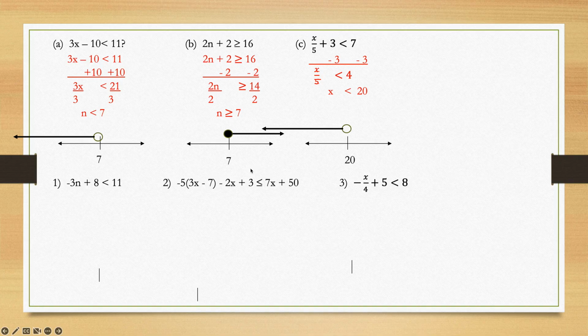Okay? All right, and the thought occurred to me while I was waiting on this one: when I say if you multiply or divide by a negative, which you're going to need to do here in number 1, you switch the direction of the inequality. It's only when you multiply or divide by a negative. Unfortunately, I don't have any examples in here of going into a negative. I should have made some and I didn't do it.